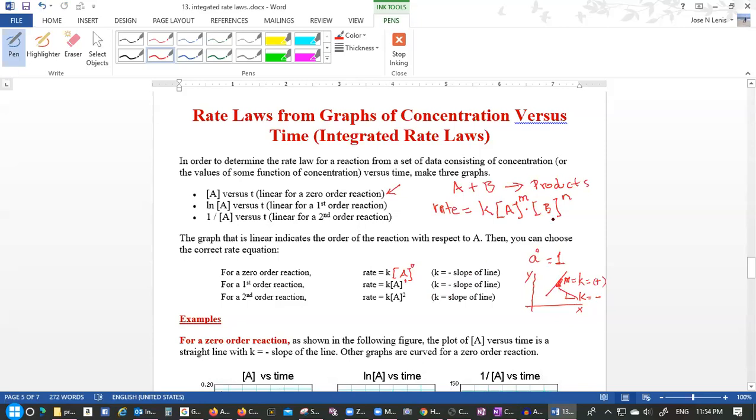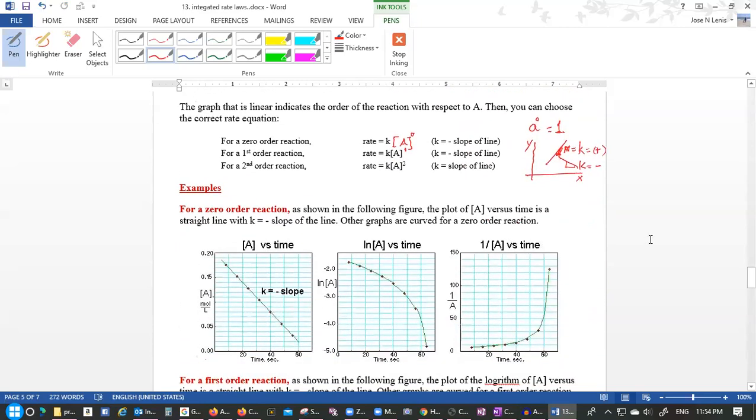So let's see the graphs. For a zero order, look, we are going to do three operations of concentration against time. If we plot directly concentration of A in moles per liter against time in seconds, look, we get the straight line. And that's it, bingo.